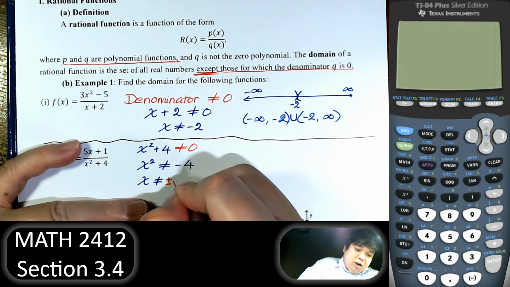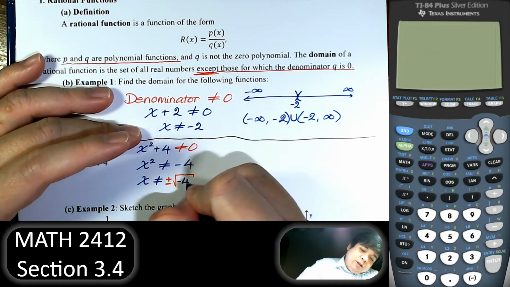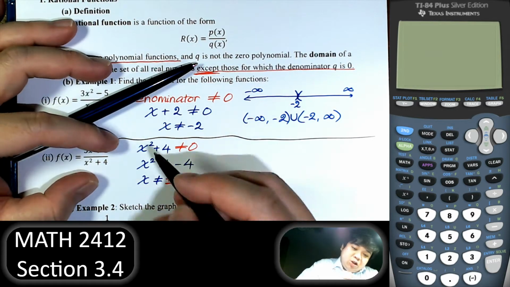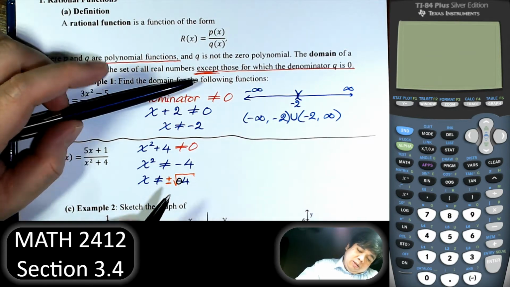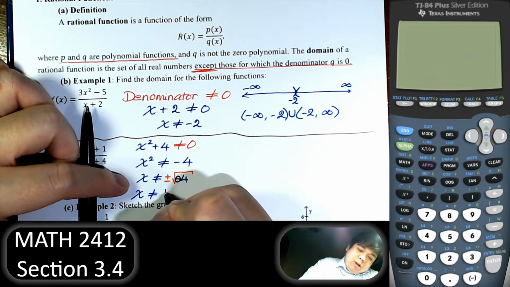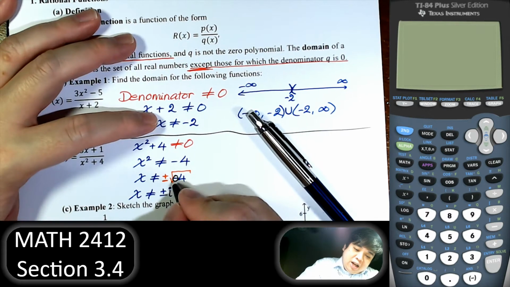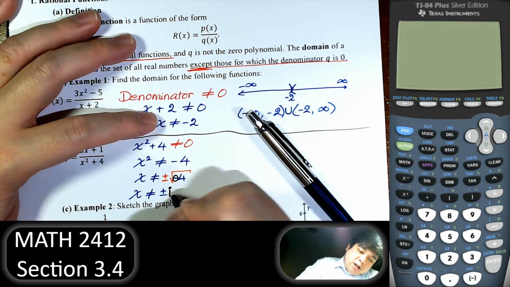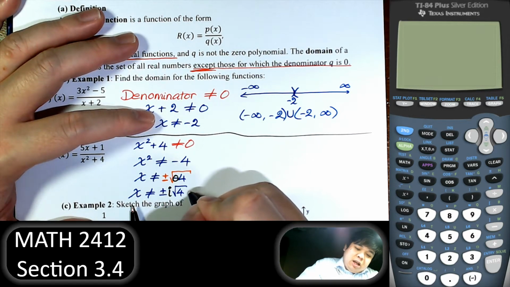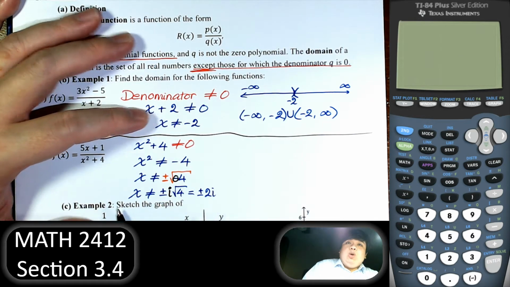So it's plus or minus the square root of negative 4. Of course, a negative inside the square root gives the imaginary i. The square root of negative 4 is the same thing as plus or minus 2i. So x is not equal to plus or minus 2i.